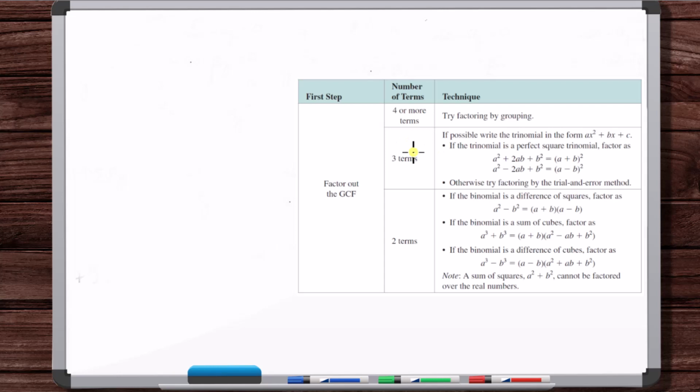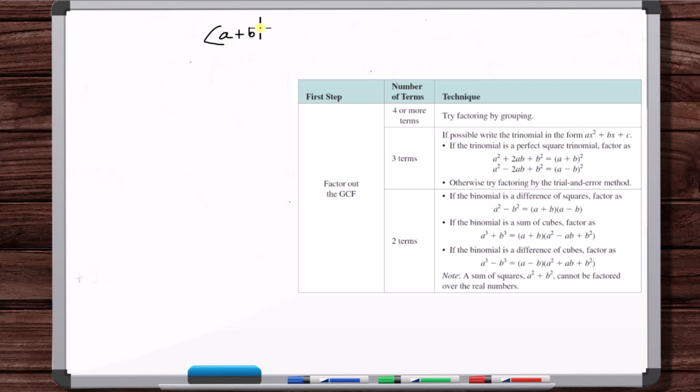All right, what if you have an expression that has 3 terms? Well, the first thing you want to look for is, do you have a perfect square trinomial? If you have an expression with 3 terms, the first thing you do is look to see if you have a perfect square trinomial, meaning you can factor it as a plus b squared or a minus b squared. You can memorize these 2 formulas, or you can just remember that it could be a plus b squared or a minus b squared, and you could write it out on your paper.